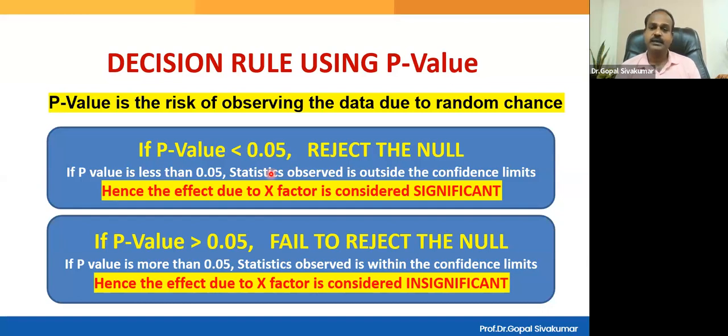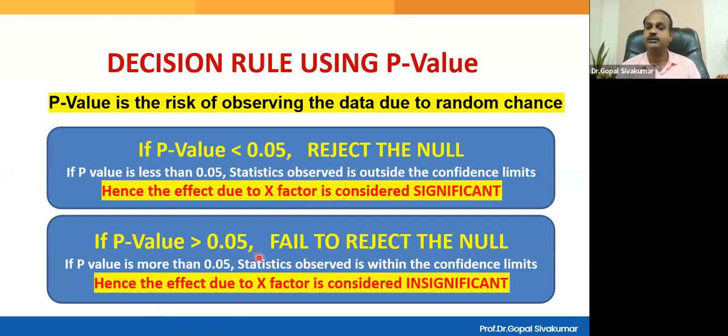That means it is similar to a scenario of observing your statistics outside the confidence limit. If you see your statistics outside the confidence limit, will you believe that the addition of the coach has made a significant result? Yes, isn't it? Hence, the effect due to the X factor is considered significant. That means the X factor you are studying is definitely a root cause. I am at least 95% confident on that, right?